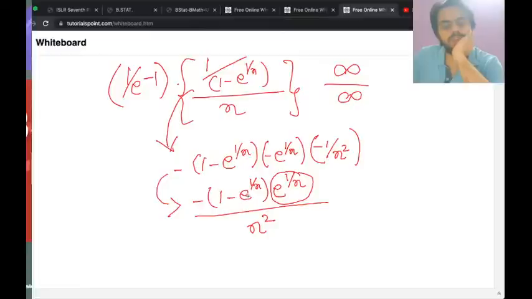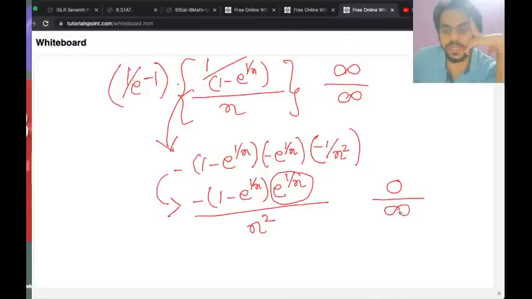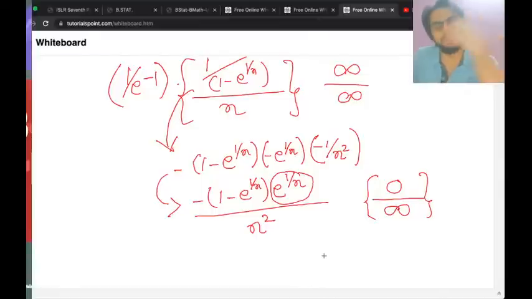So 1 minus 1 is 0. So this is 0 into 1, which is something like 0 by infinity, this is becoming the form of 0 by infinity, right?